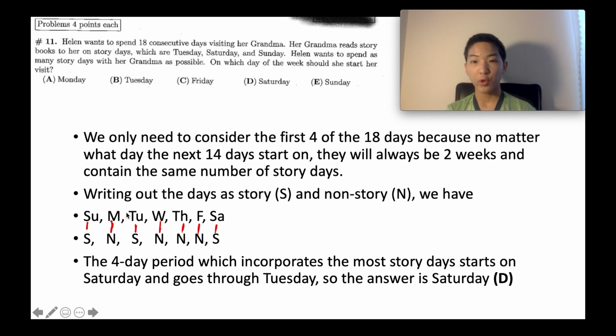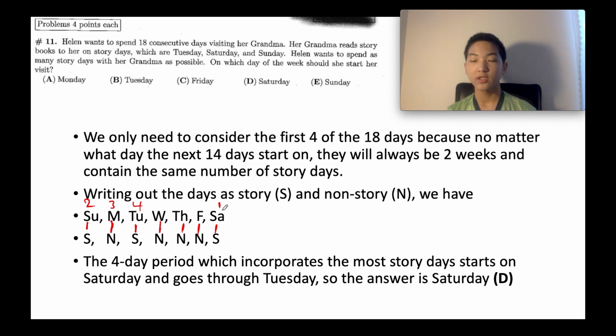So what we need to figure out is when she should start her trip so that the first 4 days contain as many story days as possible. In this case, the 4-day period which incorporates the most story days starts on Saturday, so this would be day 1, and then goes through Tuesday, so day 2, day 3, day 4. So the answer would be Saturday, D.